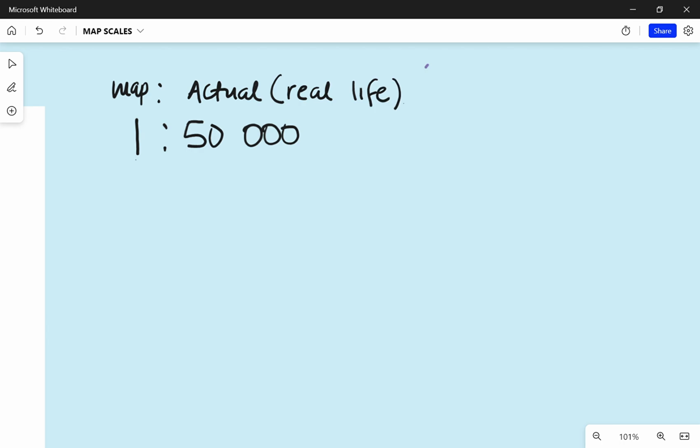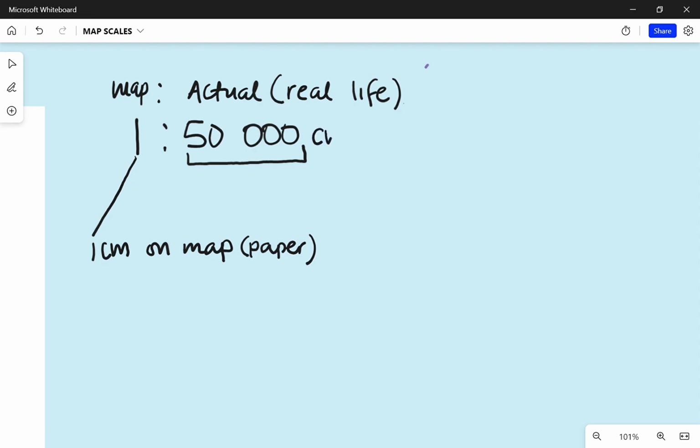Meaning that 1 centimeter on map, this map is just paper, is equal to 50,000 centimeters in real life.